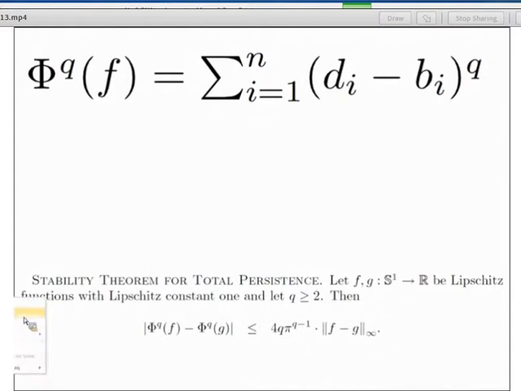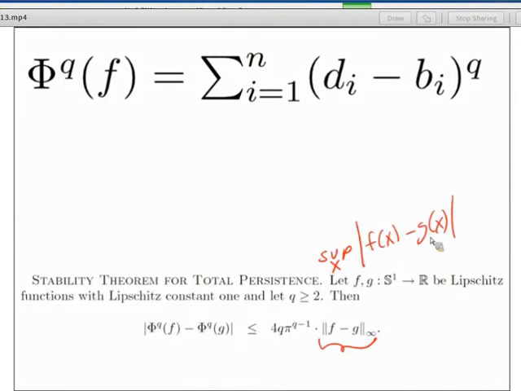So remember, we would like that if two functions are close together, remember this is the sup over all points in your domain of the absolute value of f of x minus g of x. So if f of x is close to g of x, then we would like phi q of f minus phi q of g to also be small.